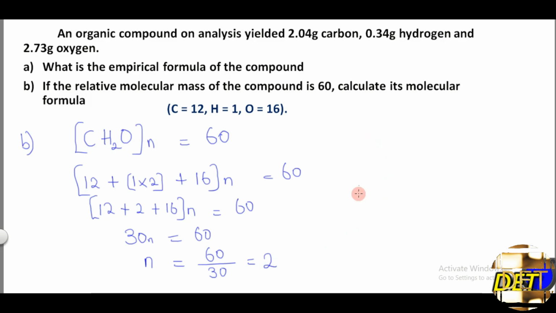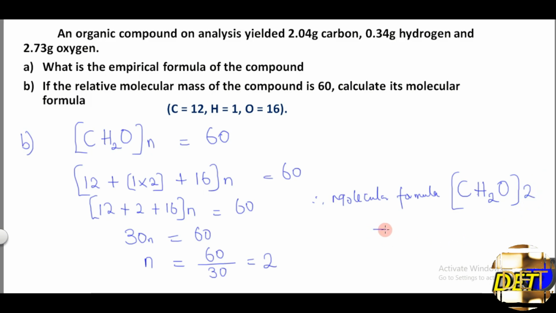So therefore, the molecular formula of this compound, which is (CH2O)n, now has n equal to 2, so I will put 2 there.